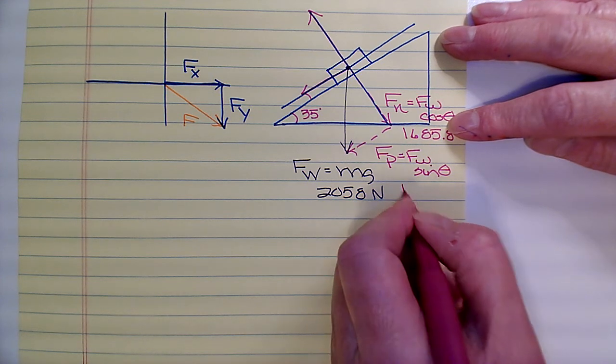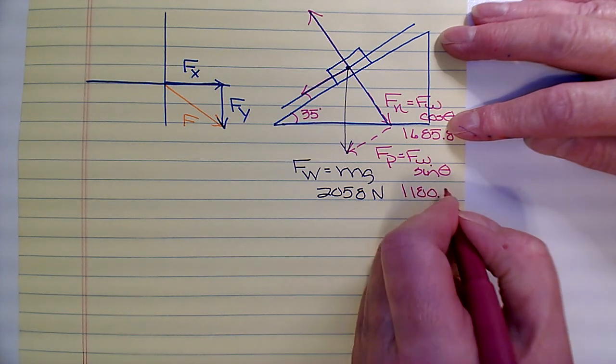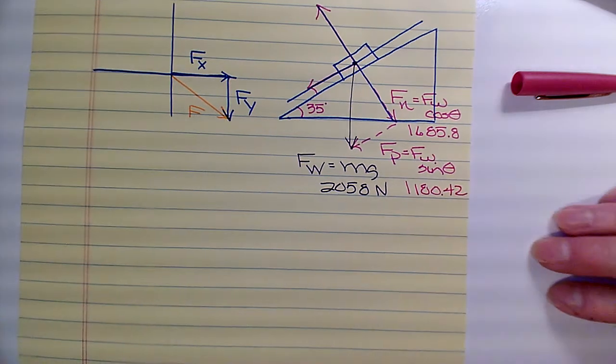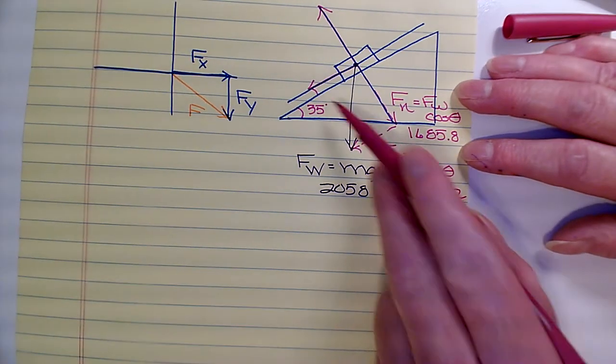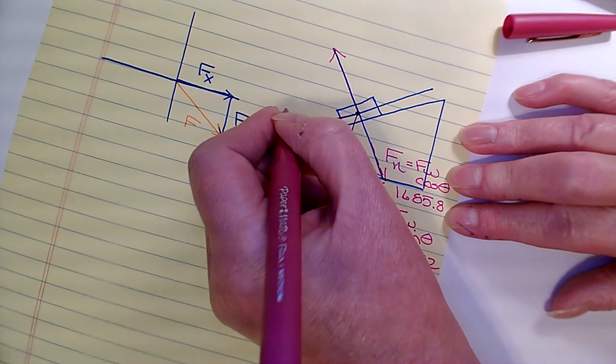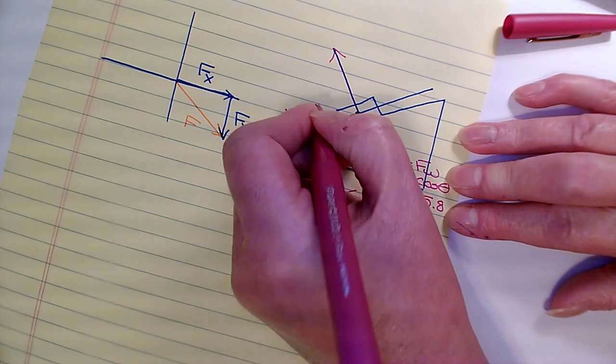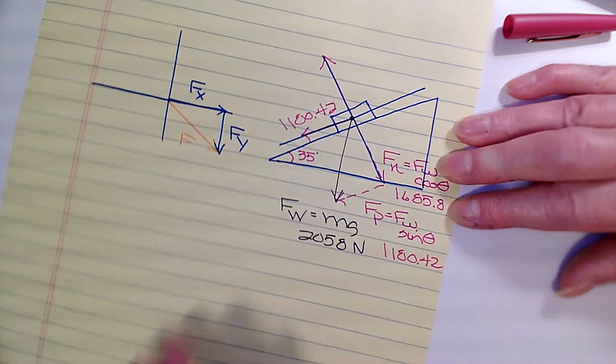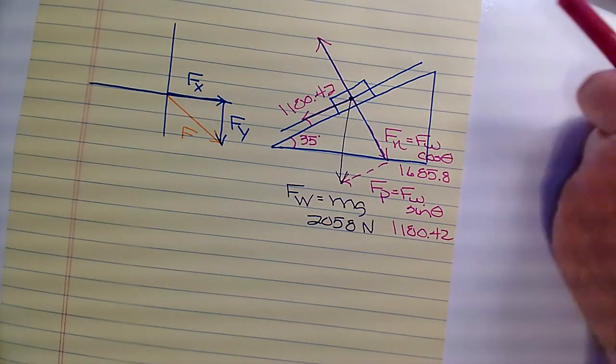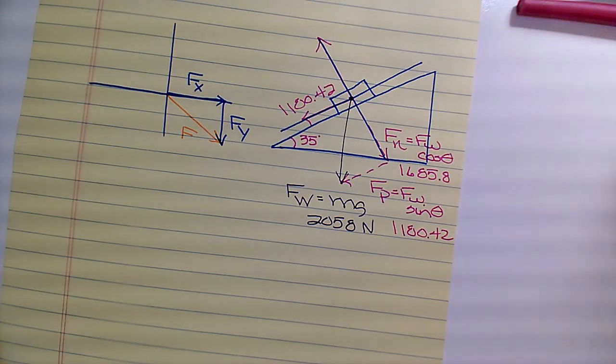Oh, right there. 1180.42. All right, but I'm going to take this Fp and I'm going to write it up here. So this is going to be 1180.42.